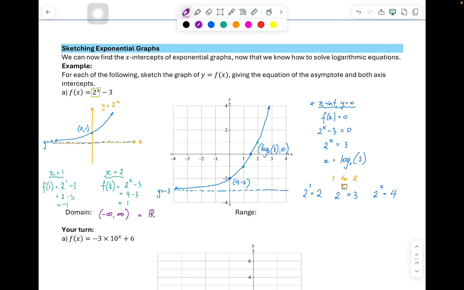Our range starts from our lowest value, which is a y value of -3. And as we continue to scan the graph, this continues to go up and up and up, which means that it goes to positive infinity.